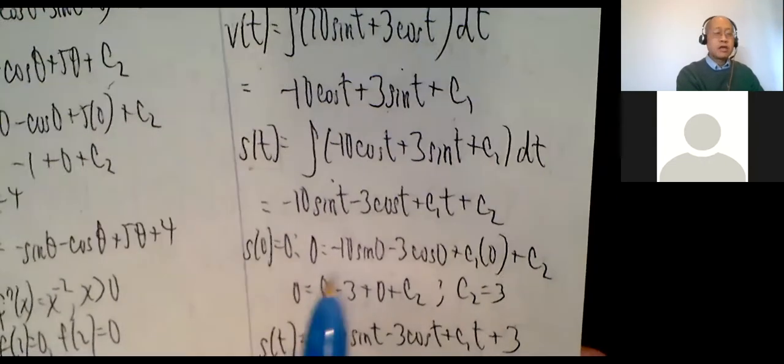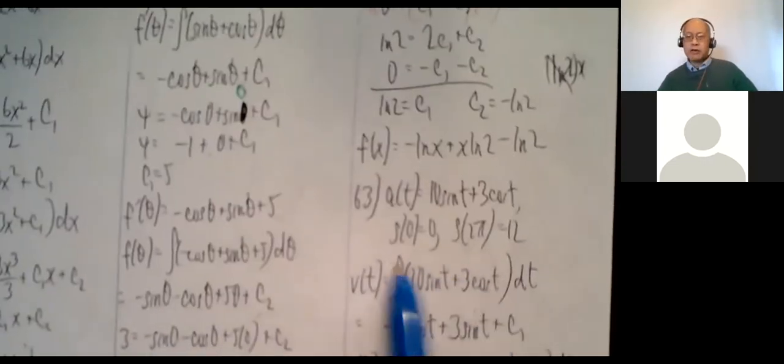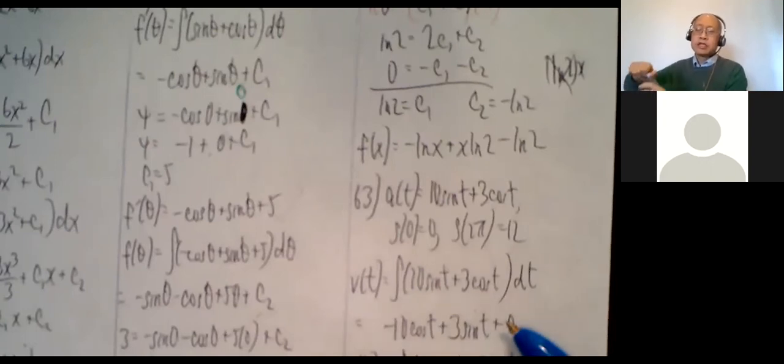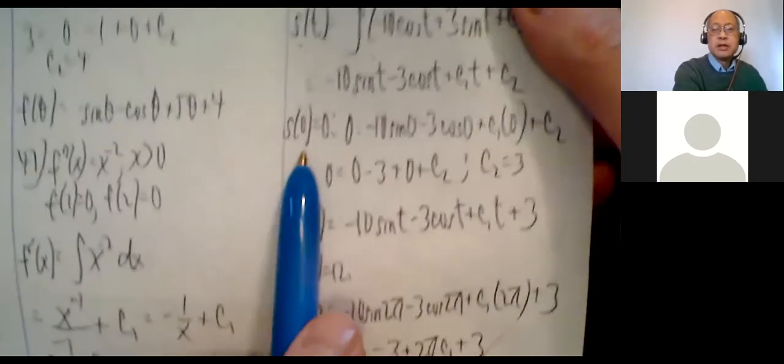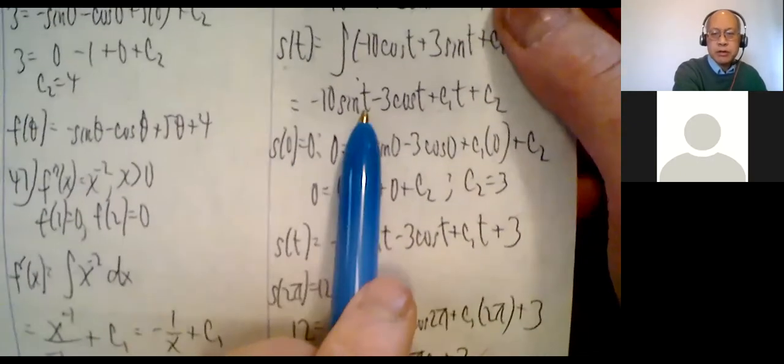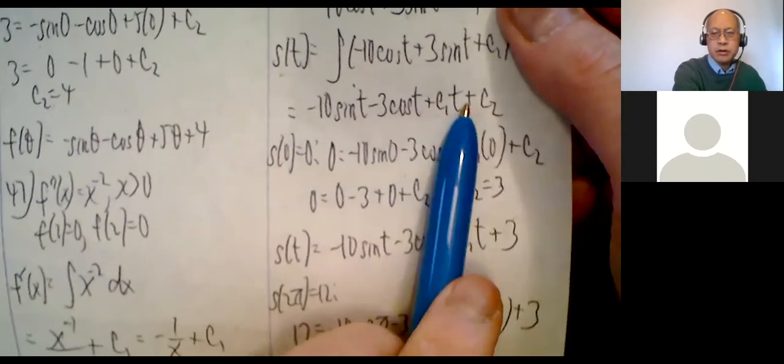Okay, how do I find C1 and C2? I now use this information right over here, which tells me S of 0 is 0 and S of 2 pi equals 12. So I plug in 0, and the answer is 0.